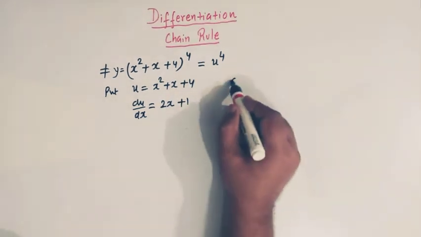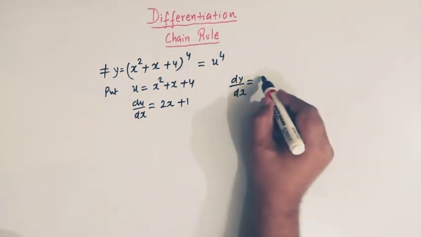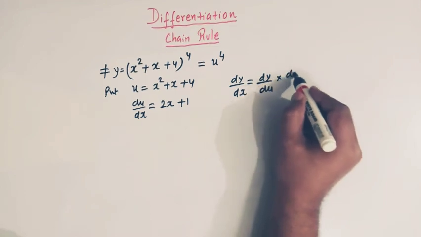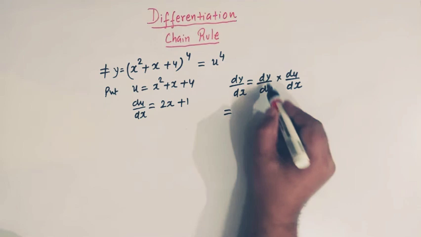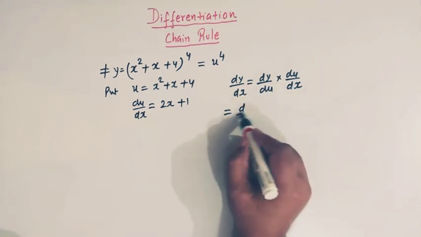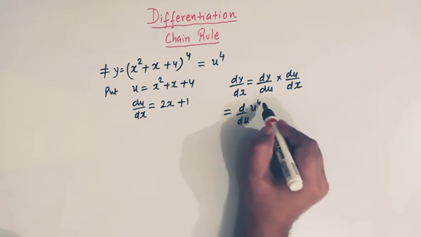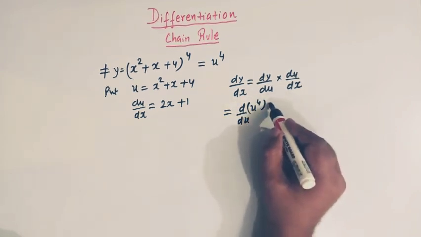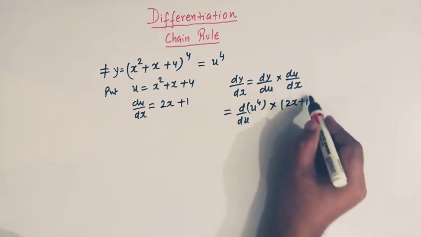Now we want to find dy over dx, and this can be written as dy over du times du over dx. Now dy over du is the derivative of u raised to 4 with respect to u, and du over dx is 2x plus 1.